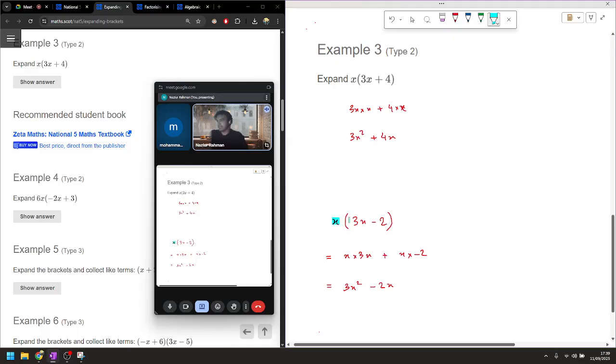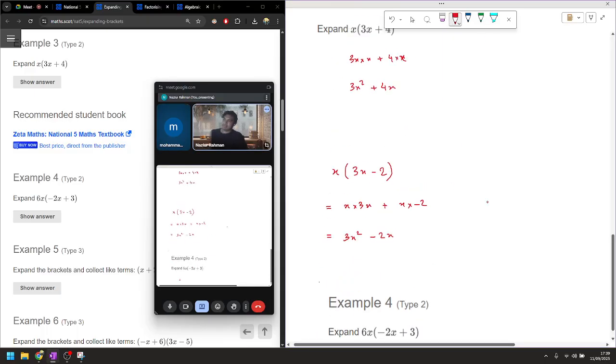So you can say, I've got x and x, so that's x squared. And then here I had a 1, let's say it was 1x, so then I can do 1 times 3, which was just 3. Maybe you can try something a bit simpler before we go on to that.